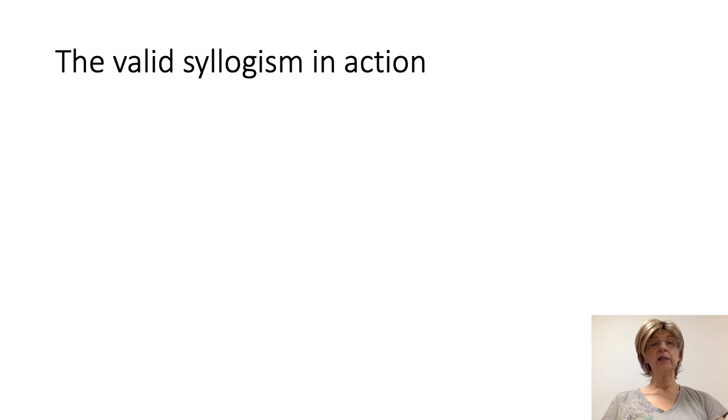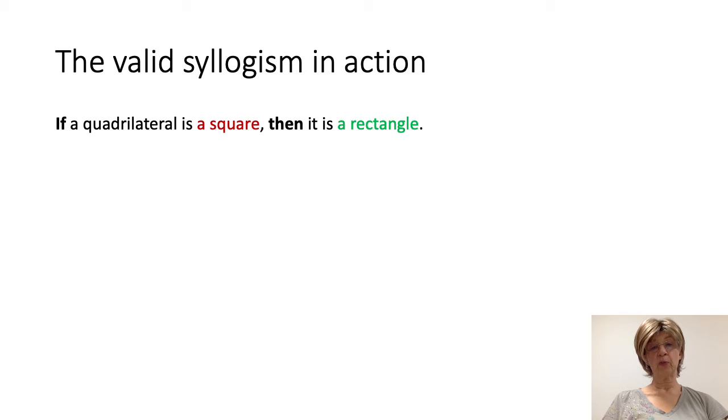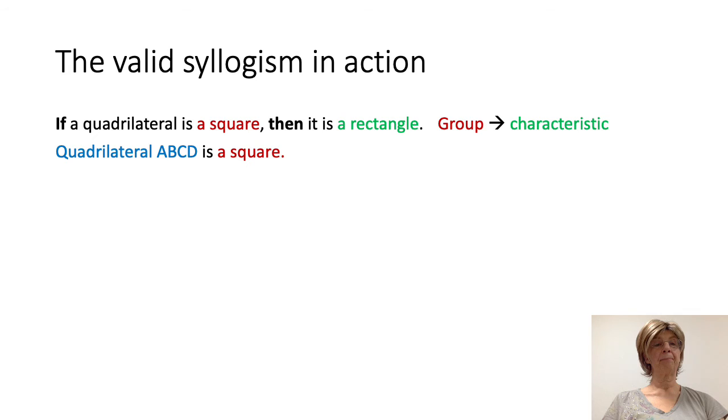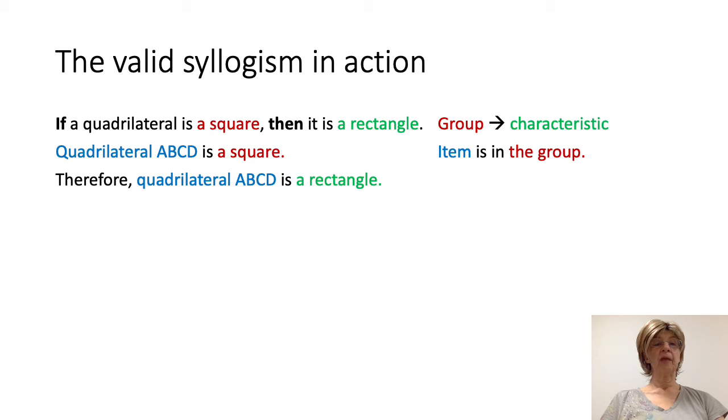The valid syllogism in action. If a quadrilateral is a square, then it is a rectangle. Group to characteristic. Quadrilateral ABCD is a square. Item is in the group. Therefore, quadrilateral ABCD is a rectangle.